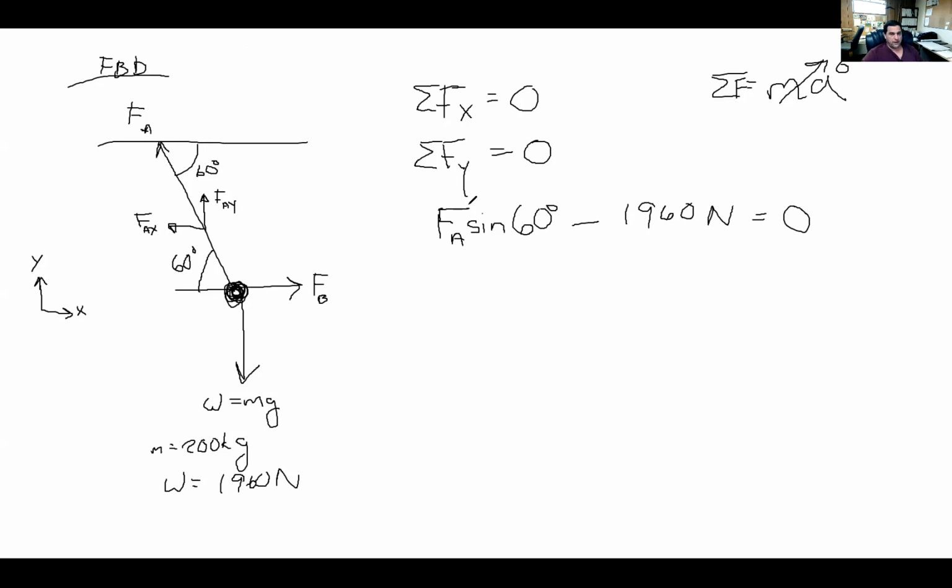So if we want to solve for FA, FA is 1960 newtons divided by sine of 60 degrees.